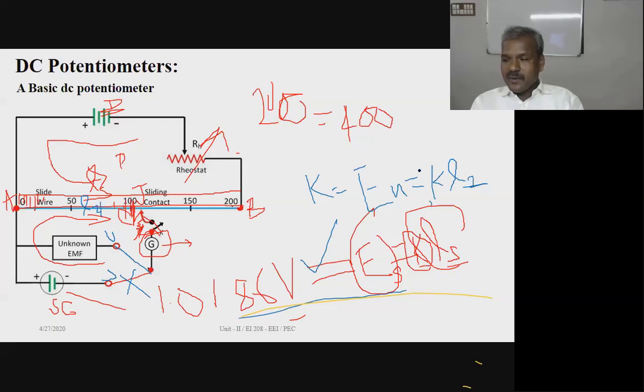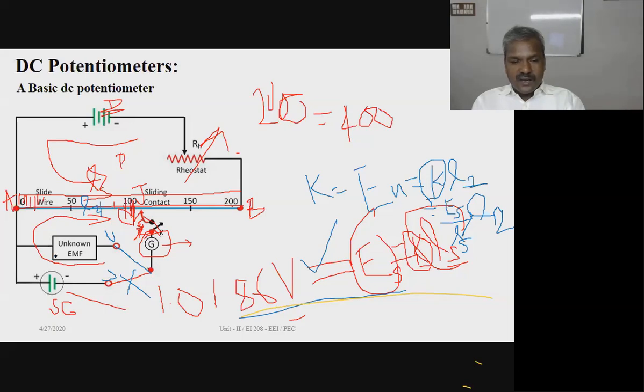Simply replace here: the unknown EMF equals ES by LS into L2. So this gives us the unknown EMF value.